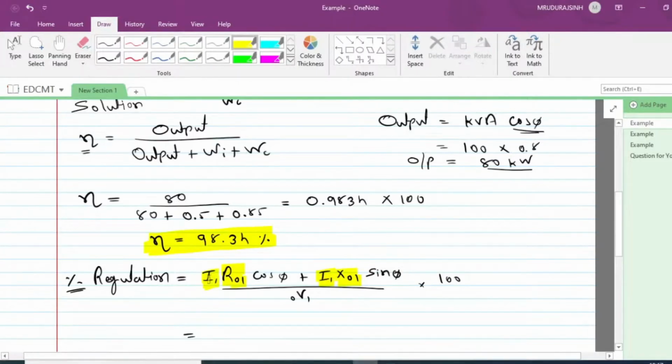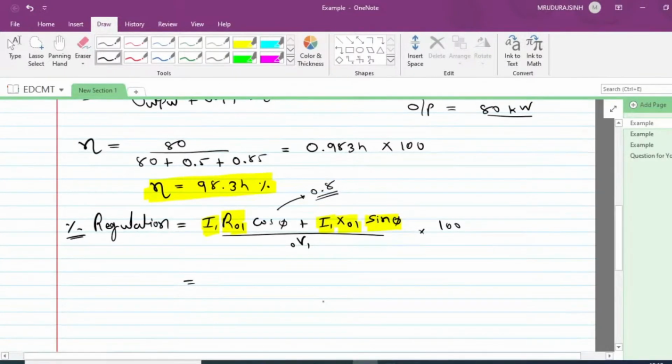So we need to calculate I1, R01, X01 and sin phi, because cos phi is given to us, that is 0.8 lagging power factor. So from this we can calculate sin phi, and V1 is the primary voltage. The quantities which are marked with yellow marker are the quantities we need to calculate.